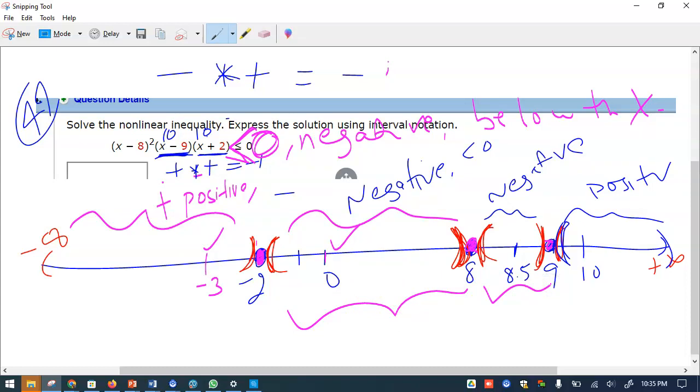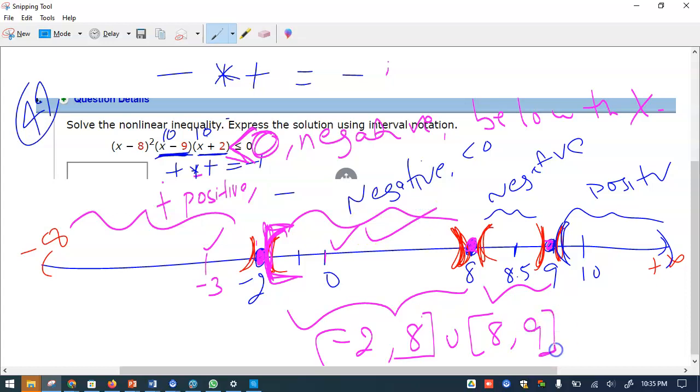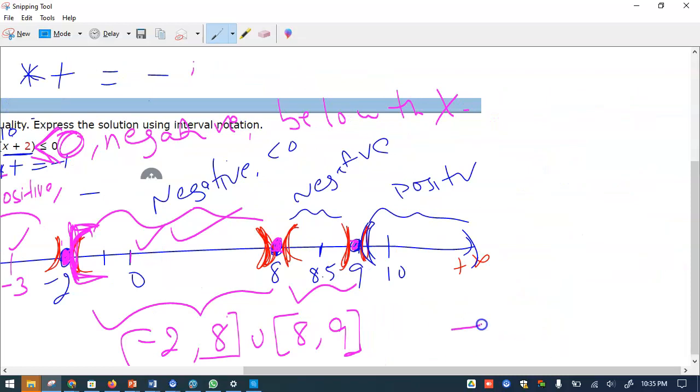So we have to include minus 2 to 8, and then union again 8 to 9. But this whole thing is as good as writing minus 2 to 9. It's the same thing.